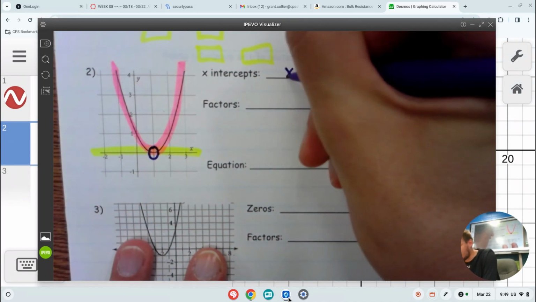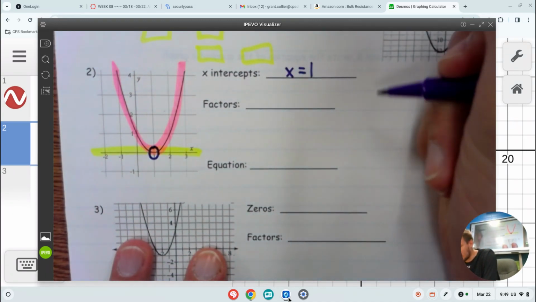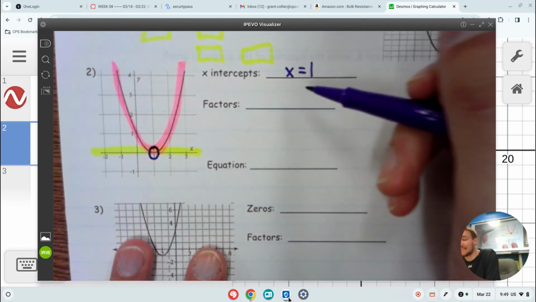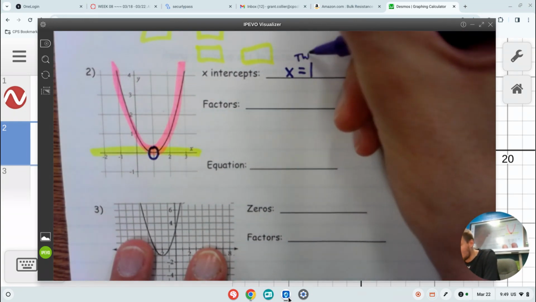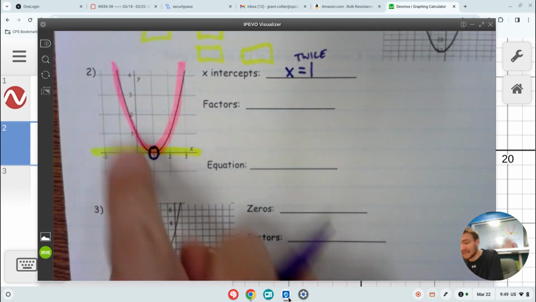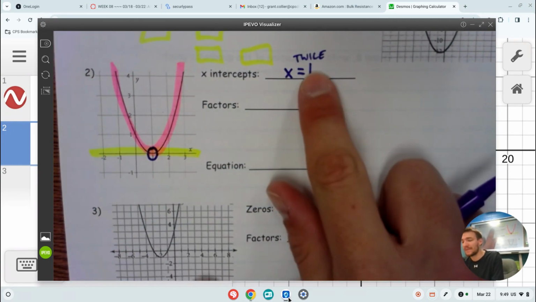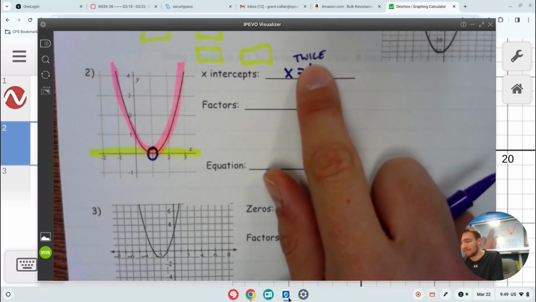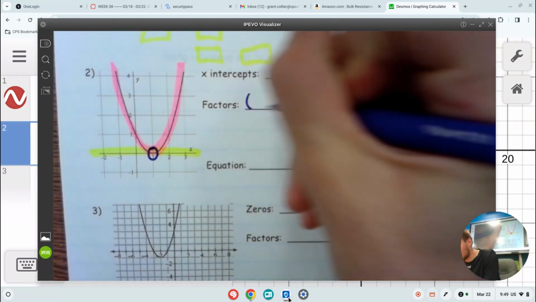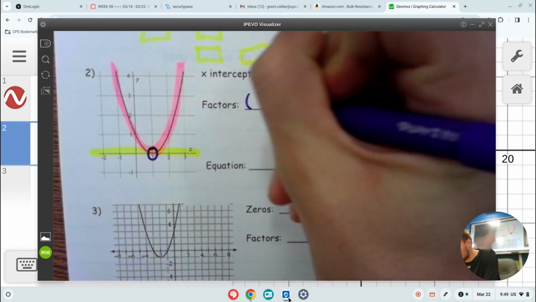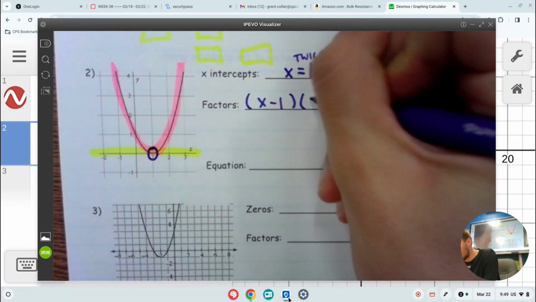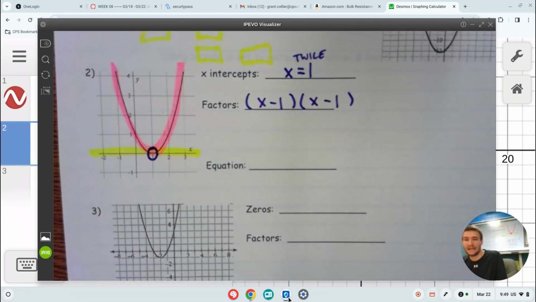Our x-intercept is x equals 1, but we have this x equals 1 twice, because it bounces right on it. It doesn't have any other touches, so we have this 2 times. That means our factors are going to be x minus 1 and x minus 1 again.